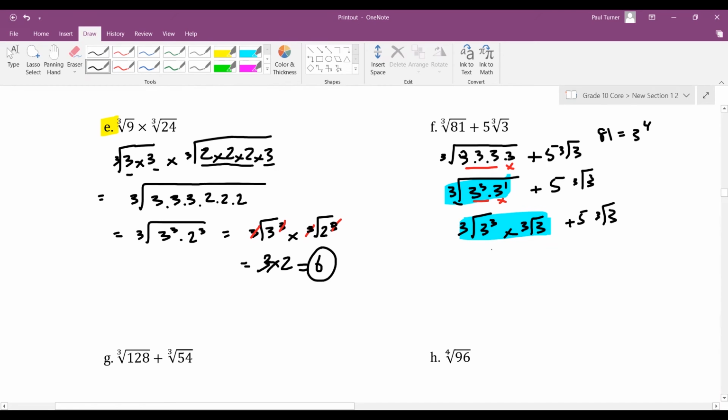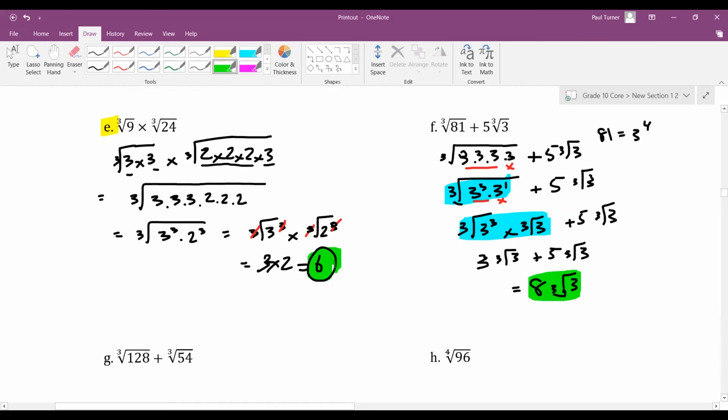So cube root of 3 cubed is 3, cube root 3, plus 5, cube root 3. Well, 3 plus 5 is 8. So 8, cube root 3, like that. So that should be your answer for that one there. That's how you get it there in green.